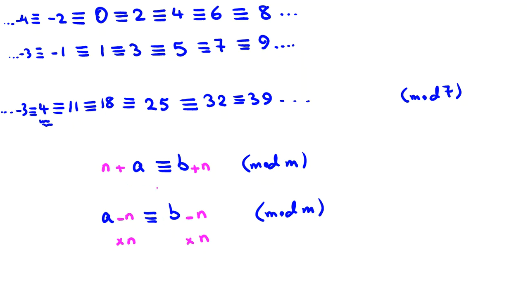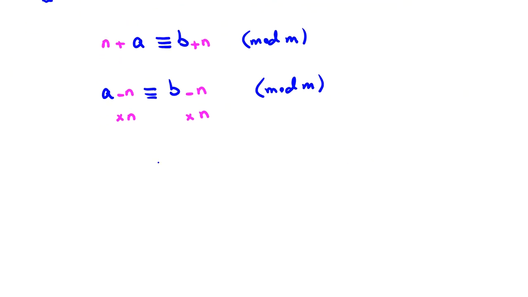Remember, addition, subtraction and multiplication always work like equality. Only division has some special rules, but because in this problem we don't need that, I only work with these things.